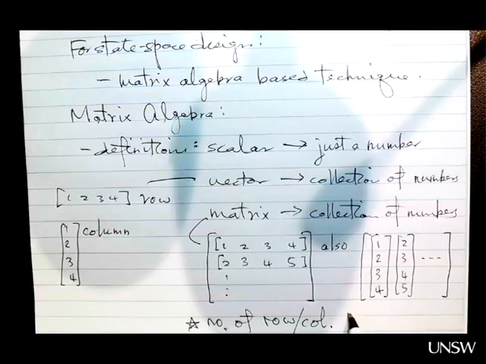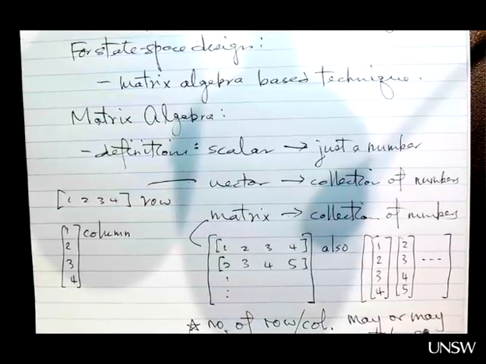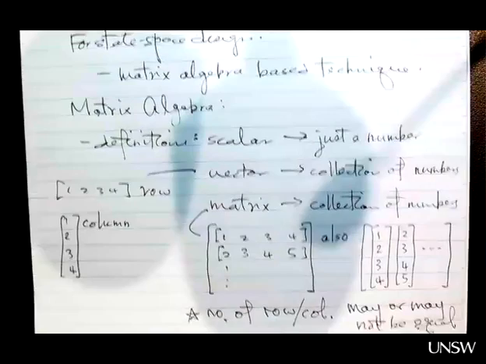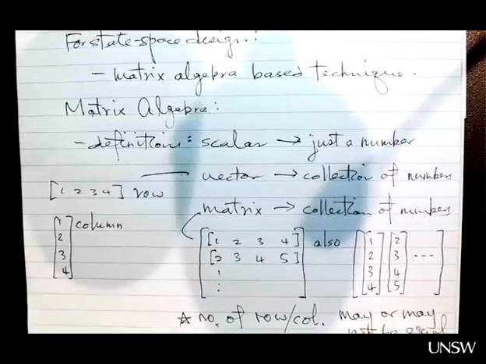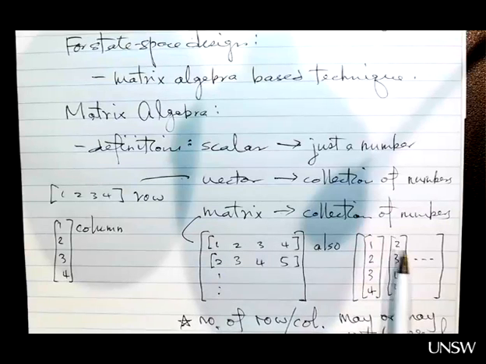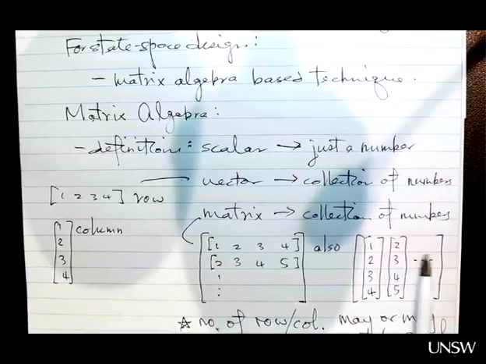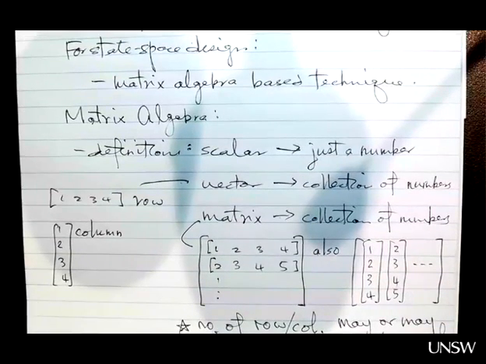It may or may not be equal. Okay, for example, here we have 1, 2, 3, 4 rows, and then on the other hand, we can also have 5 columns, 6 columns. Okay, the number of rows and columns may or may not be equal.